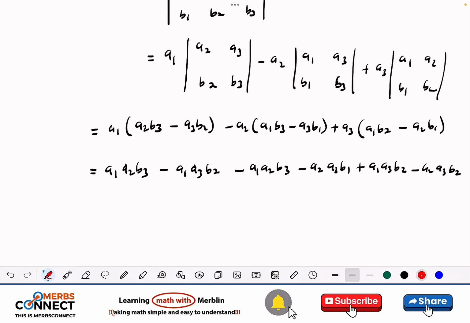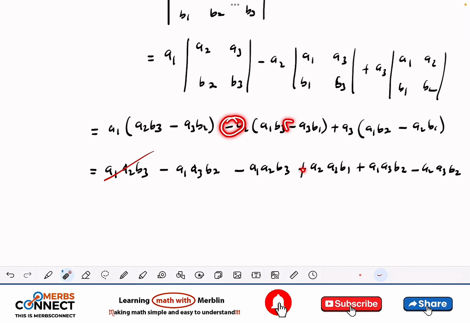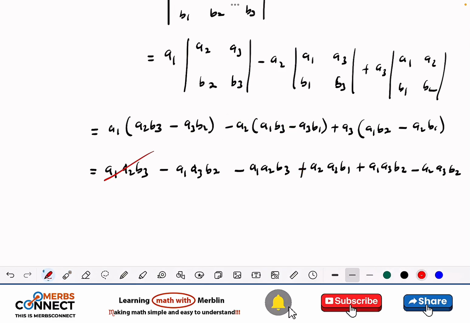So we see that A1A2B3 is going to cancel. Oops, I think this one is supposed to be positive, because we want to multiply through by minus, so this one becomes positive. So let's go for A1A2B3, good.